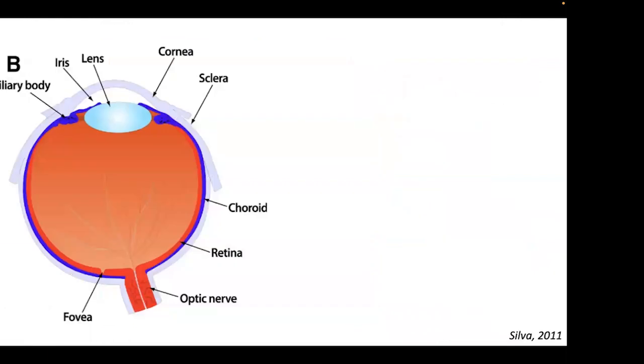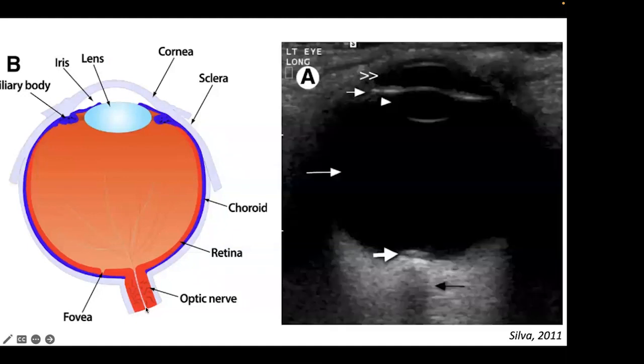When we look at ocular ultrasound, this is how the eye will be oriented on the ultrasound screen. Again, we have the cornea anteriorly, followed by the anterior chamber. We have the iris and the pupil, the lens, the vitreous body, the retina posteriorly, the optic nerve, and then the central retinal arteries and veins.